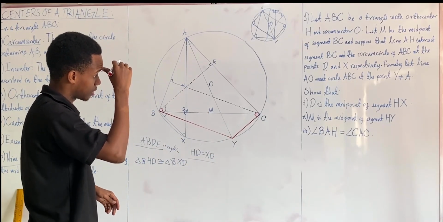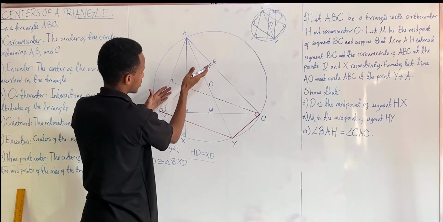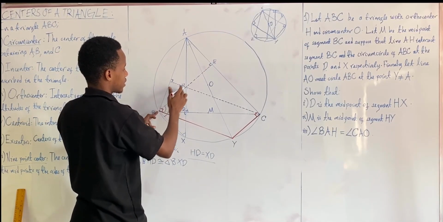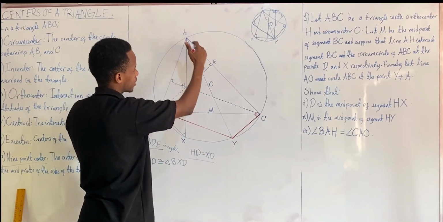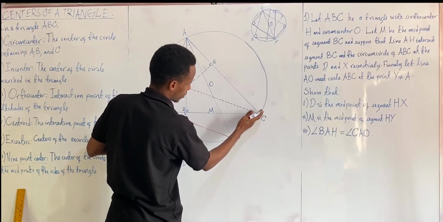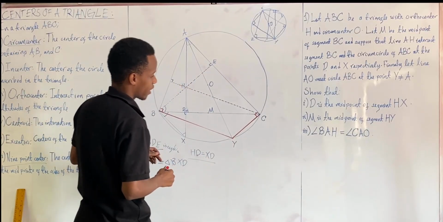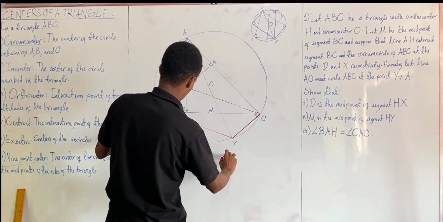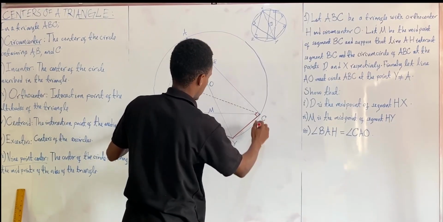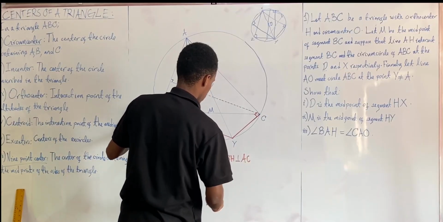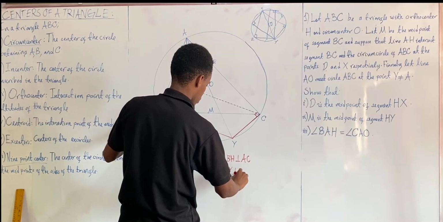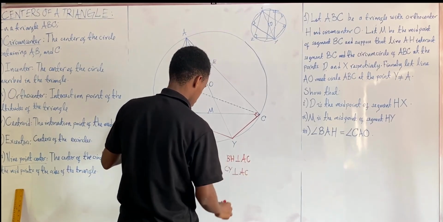So if you look closely, you know that the line BH is the altitude from the point B. So this line is perpendicular to the segment AC, right? And the second, we have concluded about the segment YC. So BH is perpendicular to the line AC, and so is the segment CY. It is also perpendicular to the line AC.